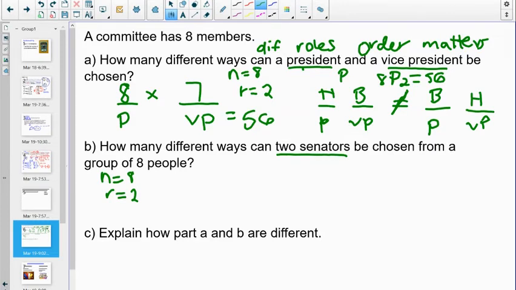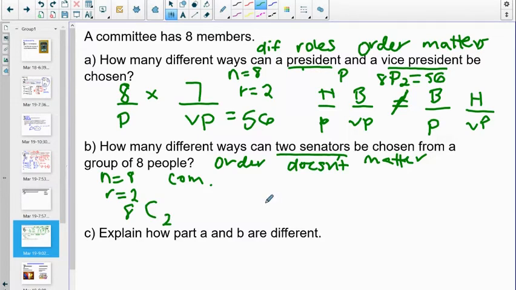No, they're not. So in this case, order doesn't matter. And if order doesn't matter, we know it's a combination. So you could either type in 8C2 on your calculator, and then here's the conceptual understanding of it.